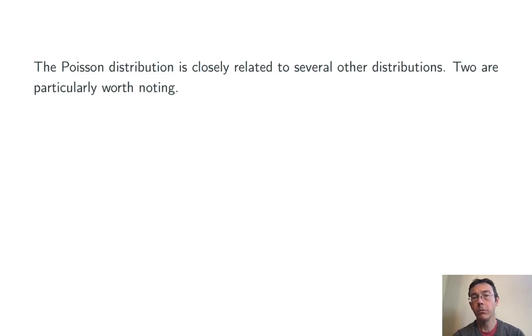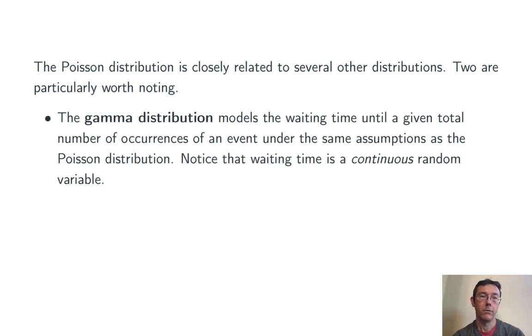The Poisson distribution is closely related to several other important distributions. Two are particularly worth noting right now. First of all, the gamma distribution. This models waiting time until a given total number of occurrences of an event are reached, with the same assumptions as with the Poisson distribution.